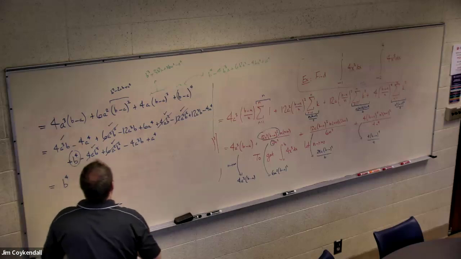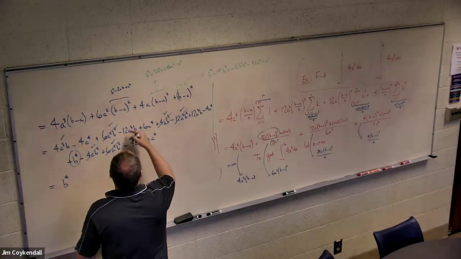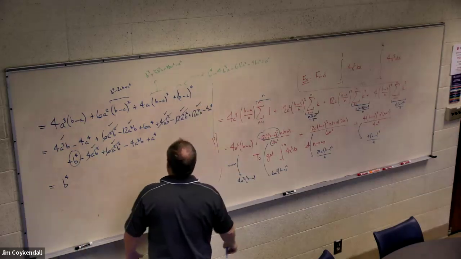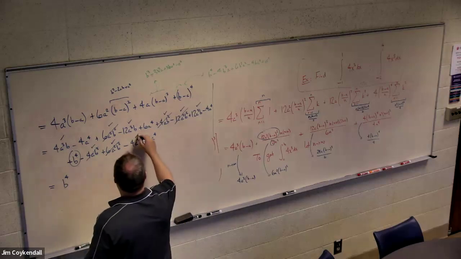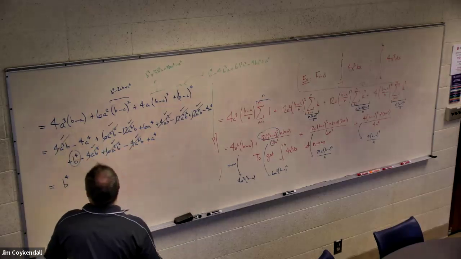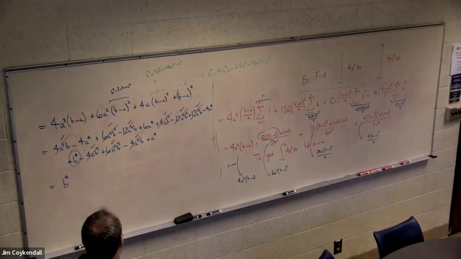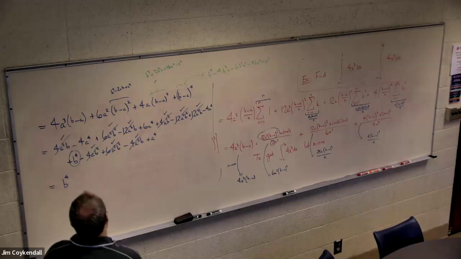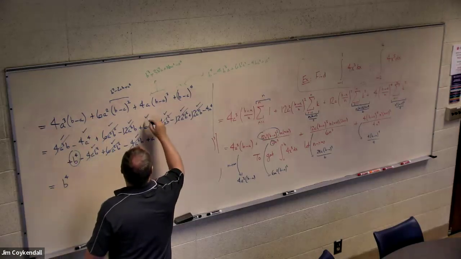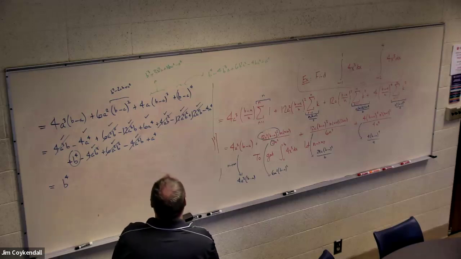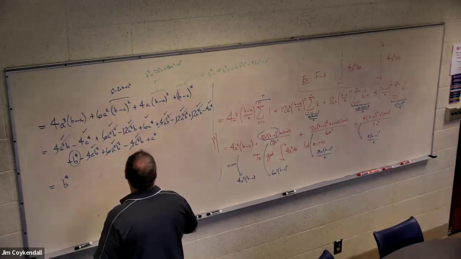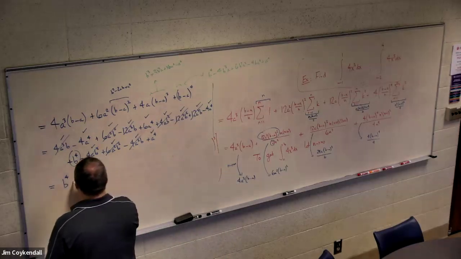There's one a cubed b minus 12a cubed b plus 12a cubed b minus 4a cubed b, and they cancel. And what's left is a to the 4th terms. I've got minus 4 plus 6 is 2. Minus 4 is minus 2. Plus 1 minus 1.